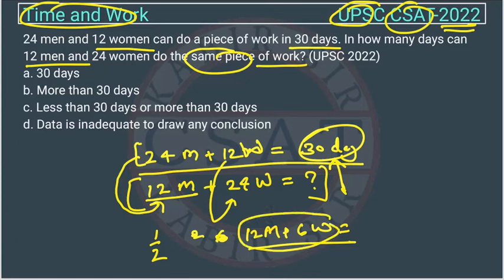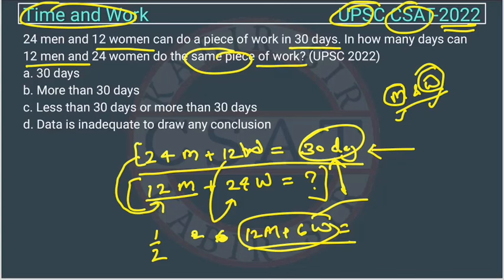But here they have decreased the men but increased the women, and we don't know the relationship between man and woman, like who is more efficient, man or woman. We don't know that, or they may be equal. So we cannot infer anything from this single equation, right?